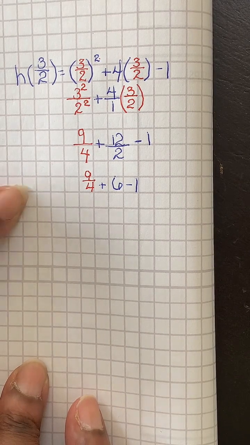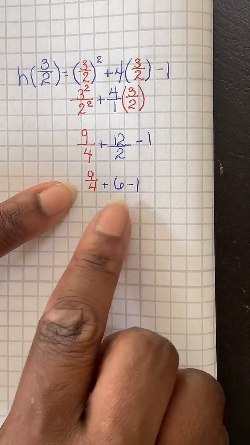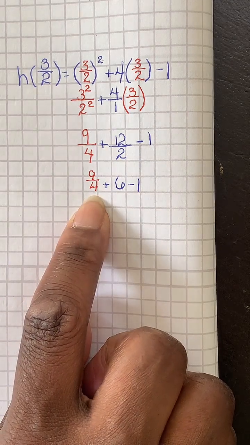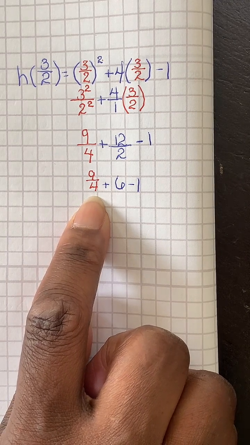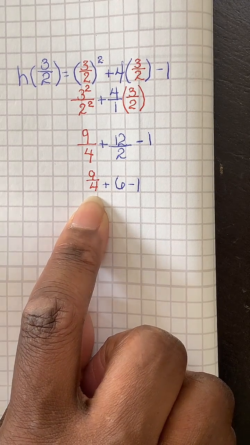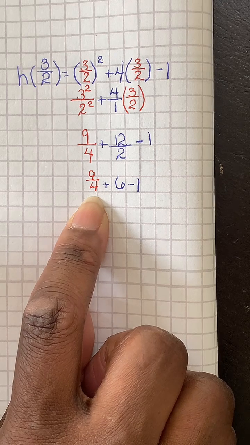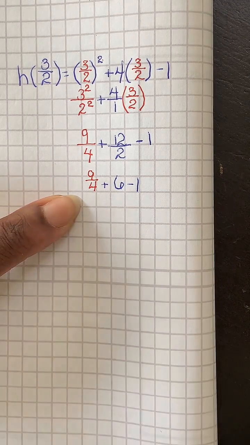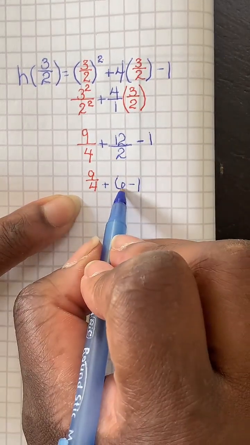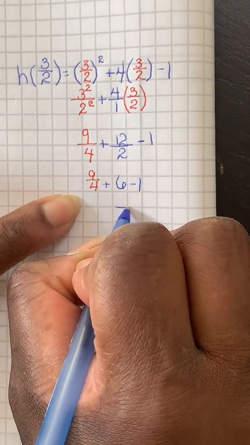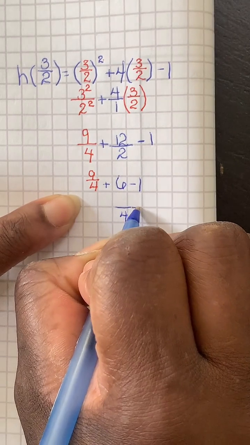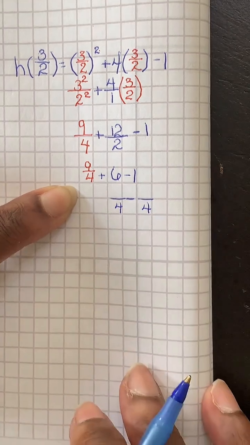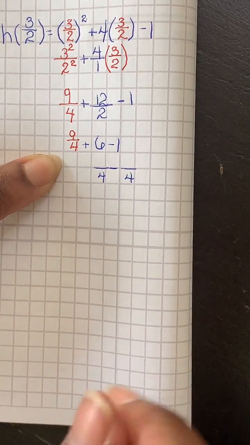So if you want, you could make that 9 over 4 into a decimal, which is 2.25. So we could do that, or we can change this 6 to have a denominator of 4, and we can change this 1 to have a denominator of 4. Either way, you're going to get the answer.